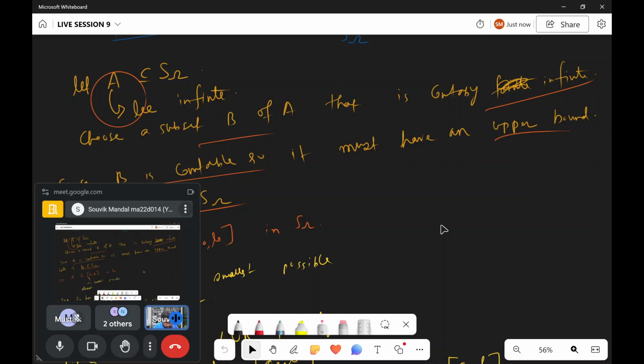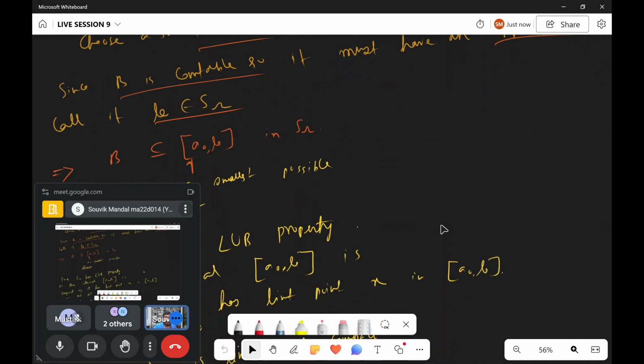So what we need to show is that an infinite set must have a limit point, correct? So let A, a subset of S omega, be an infinite set. We choose a subset B of A that is countably infinite. We need to show it admits a limit point. Since B is a countable set, it must have an upper bound. We call it b in S omega.